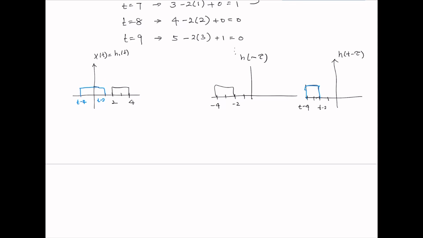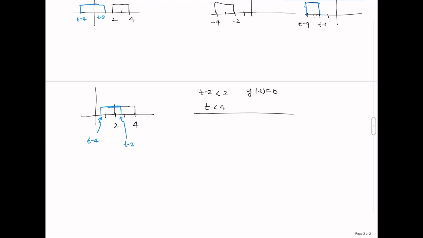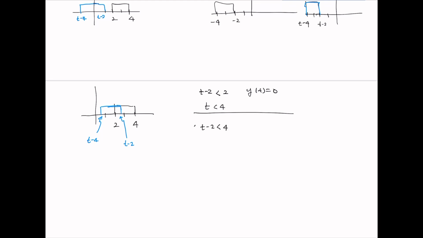Then we have, if t minus 2 is less than 2, y of t equals 0, and that is t less than 4. That's the first case. And then if t minus 2 is in between 2 and 4, then we have an overlapping area. That is t from 4 to 6.